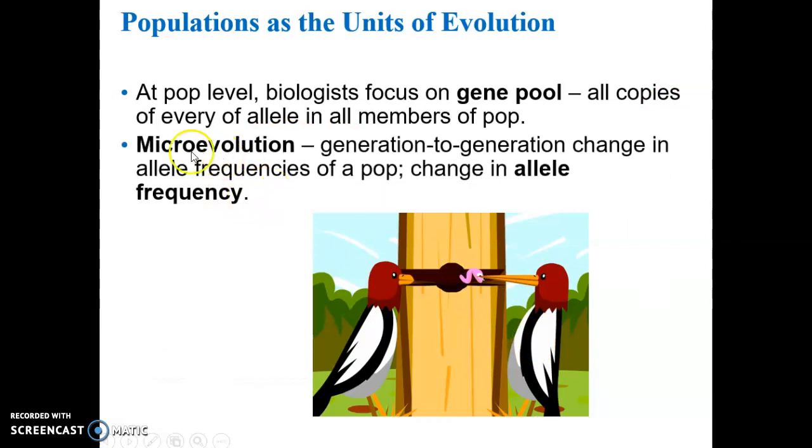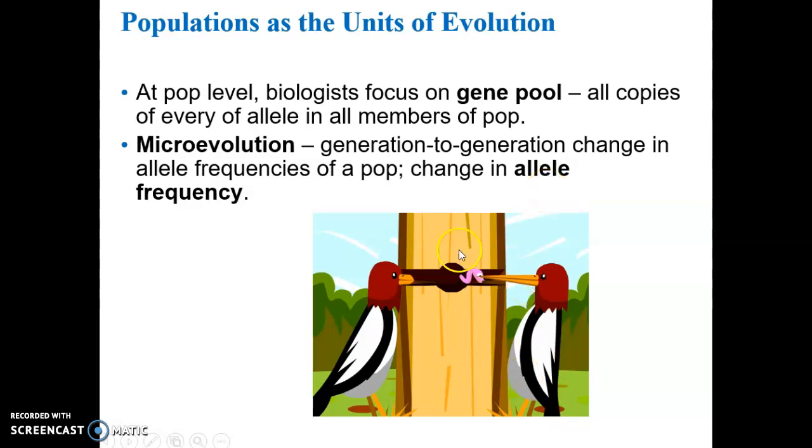So microevolution, think of micro as small, is the generation to generation change in what's called allele frequencies in a population. So it's called the change in the allele frequency.